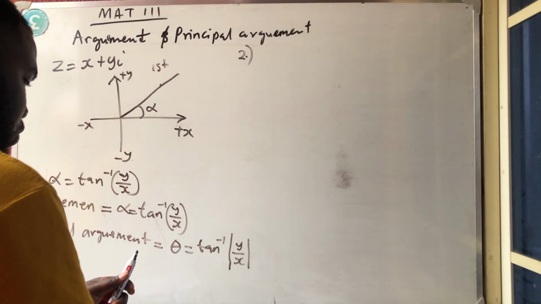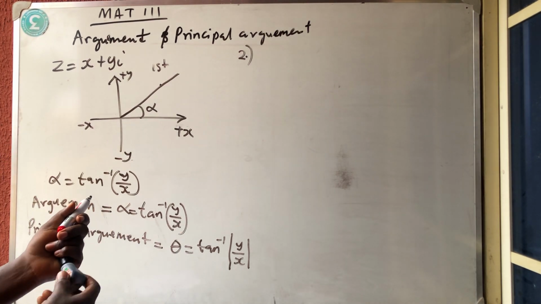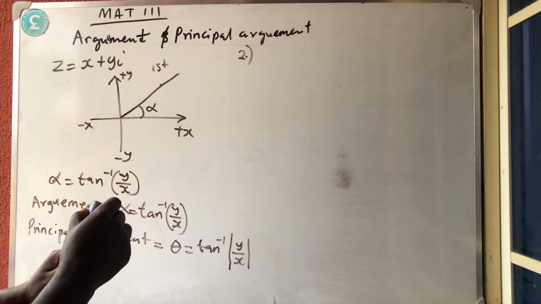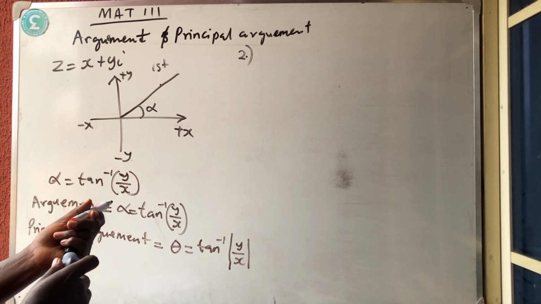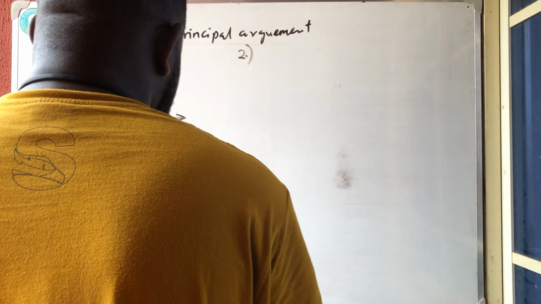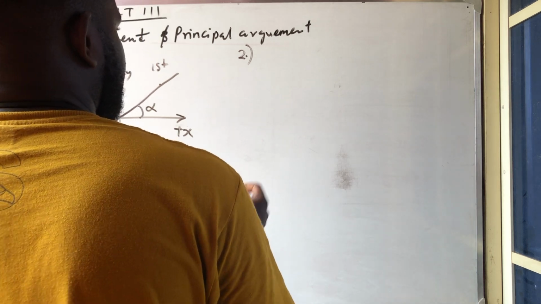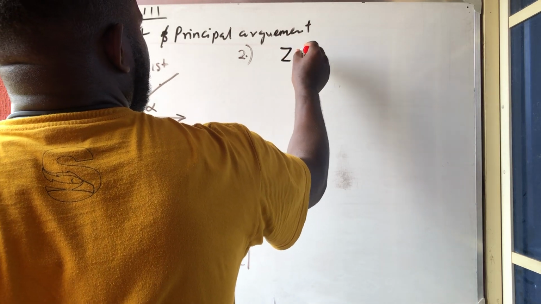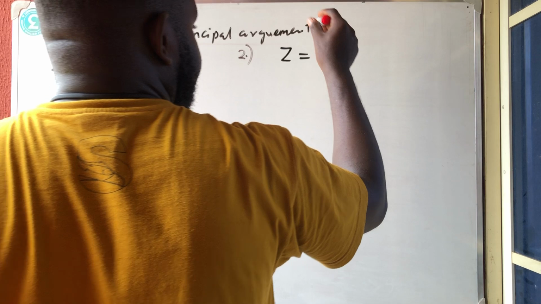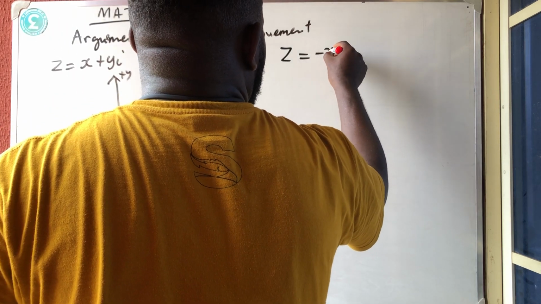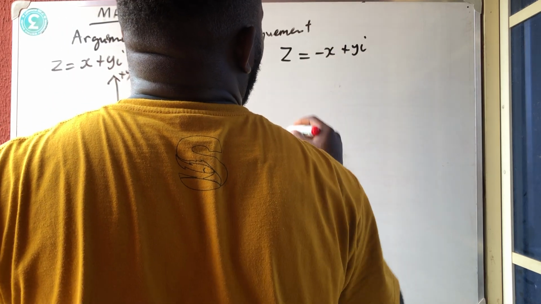Now, for the second quadrant, from the second quadrant you will now understand where I am going to. Please listen. So for the second quadrant, look at what happens. I'm having that z is equal to minus x plus yi or iy.